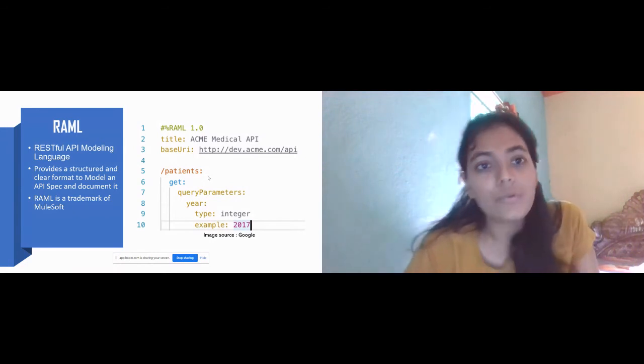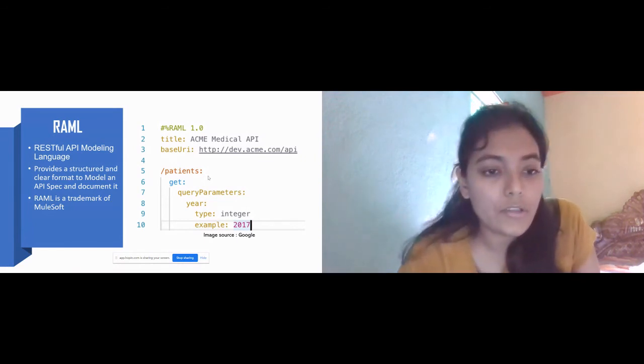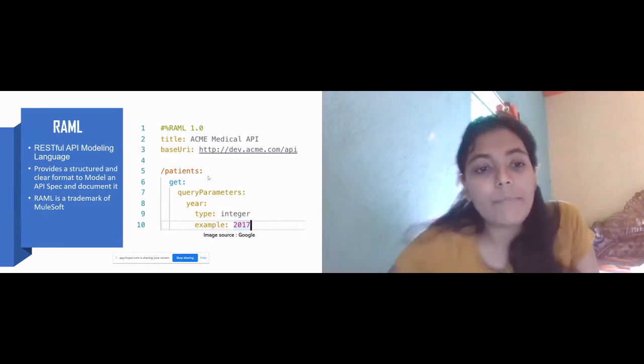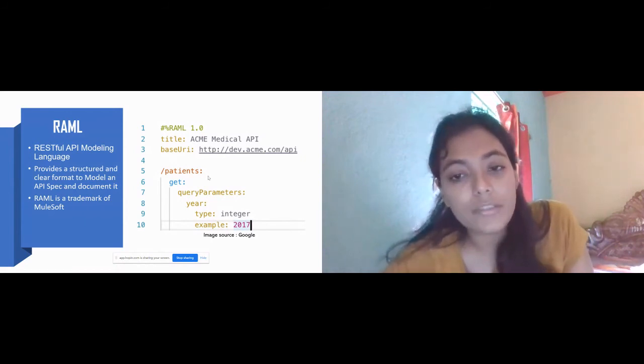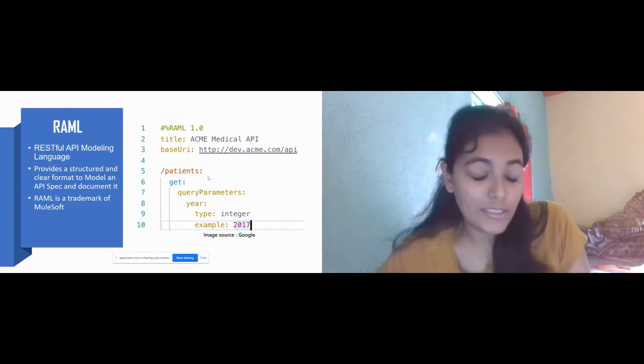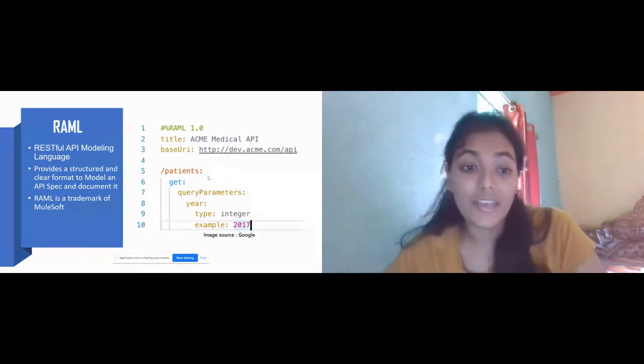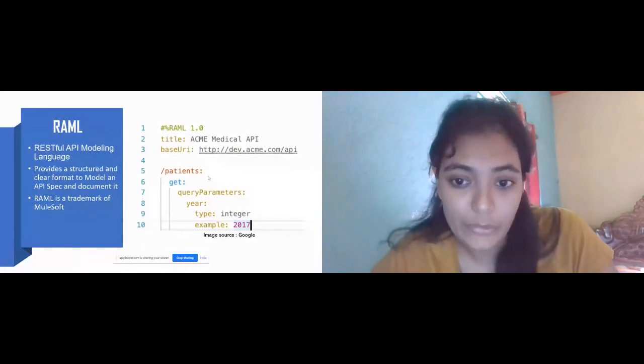So RAML provides that feature, and it is a trademark of MuleSoft. Actually, RAML has been developed by Mule along with some other software companies. And if you want to design any API in Mule, RAML is the language. That's why it is a trademark of MuleSoft.